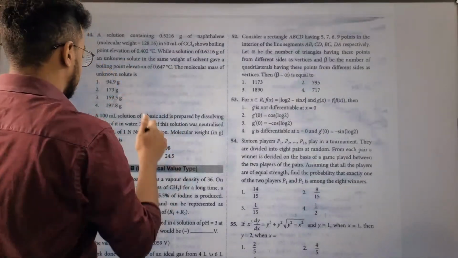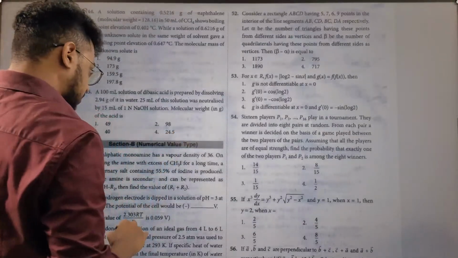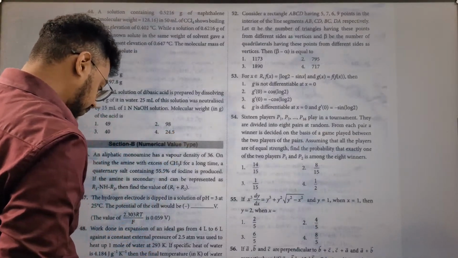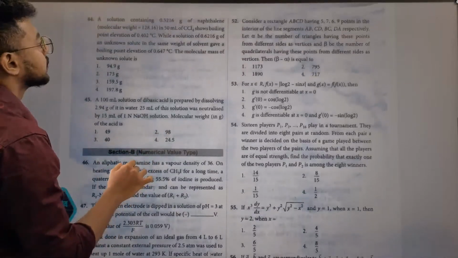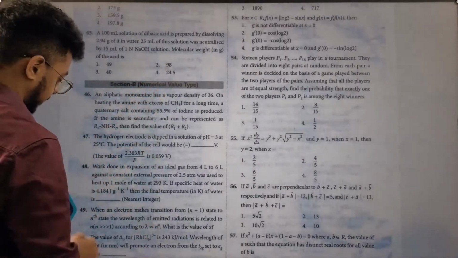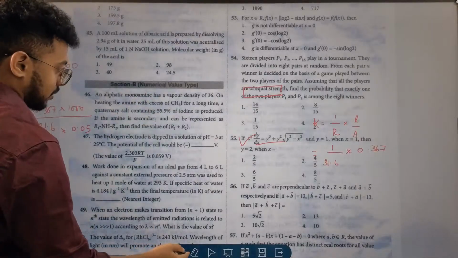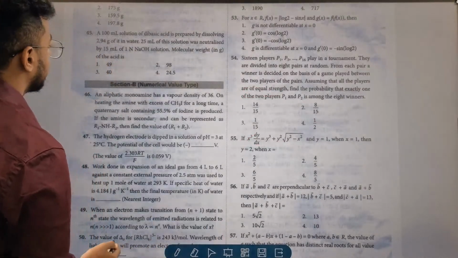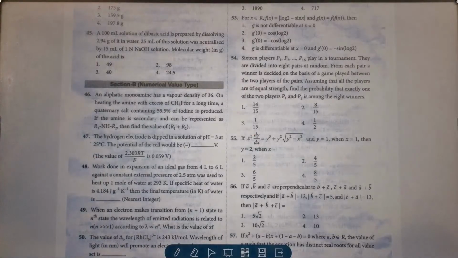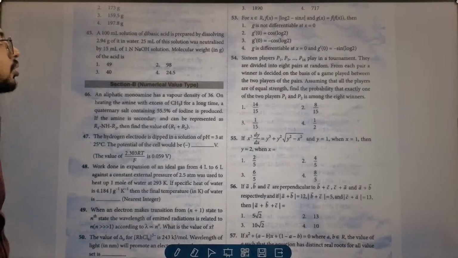Next, we got the 45th question, a simple question. 100 ml solution of dibasic acid is prepared by dissolving 2.94 gram of it in water. 25 ml of the solution was neutralized by 15 ml of one normal NaOH solution.